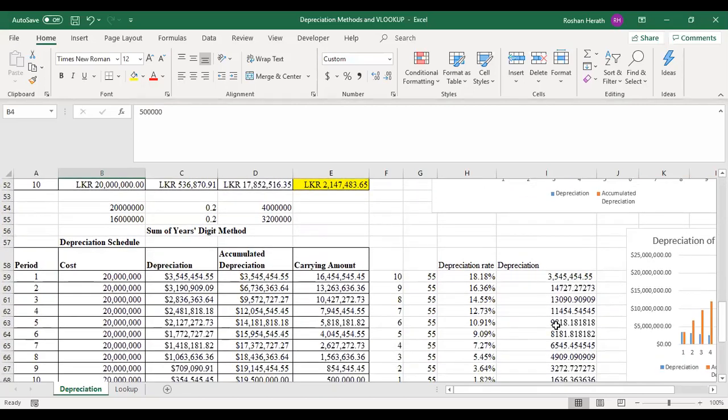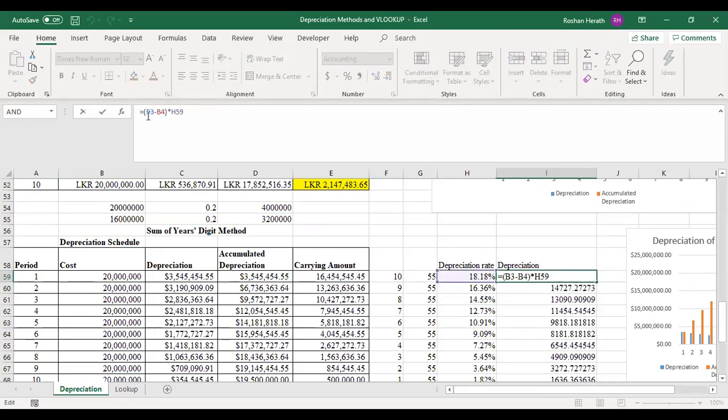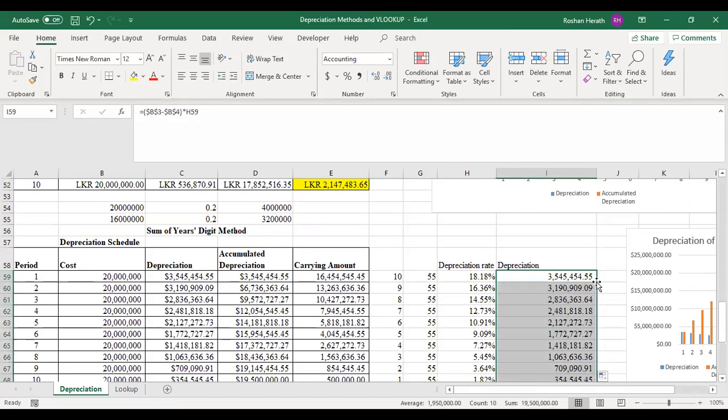So it corresponds to that. So you have to make it fixed. Come to drag this. Yes, it gives you the same depreciation figure.